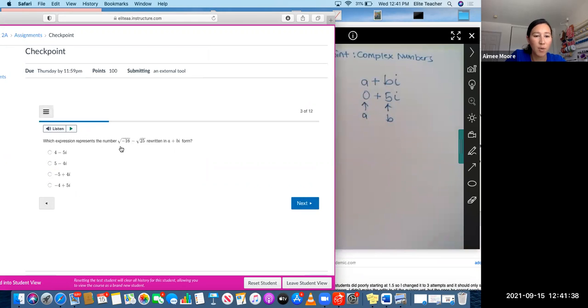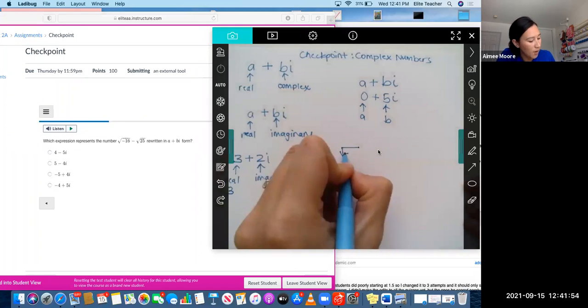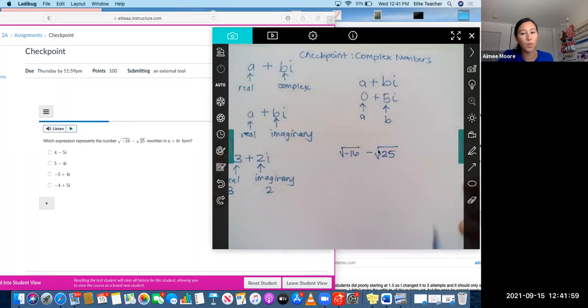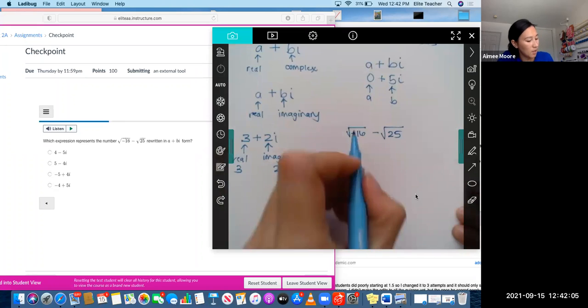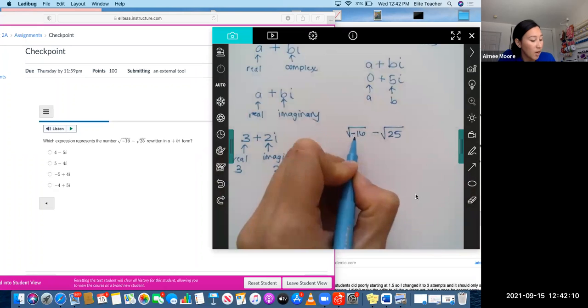Which expression represents the number the square root of -16 minus the square root of 25, rewritten in a plus bi form? So you're going to have to do some simplifying. So if we have the square root of -16 minus the square root of 25. So simplifying square roots, we can simplify the square root of a negative number using our imaginary numbers.